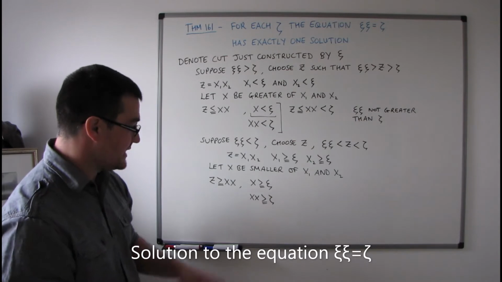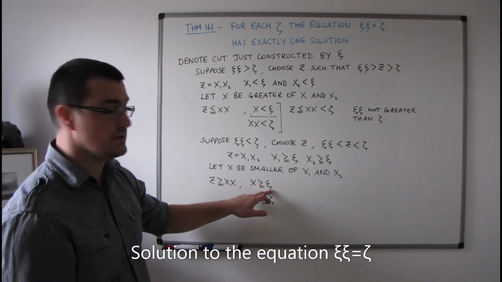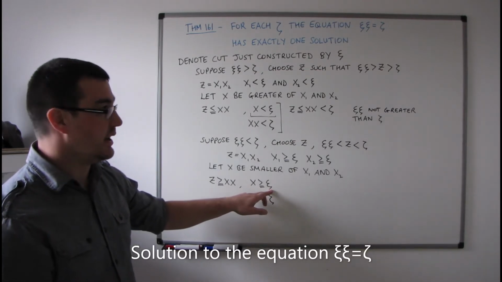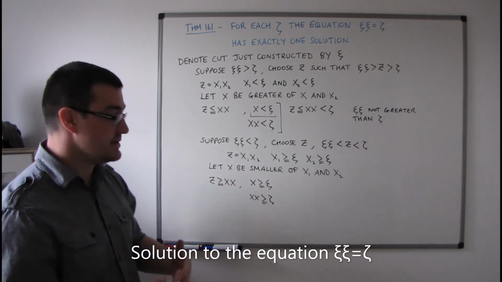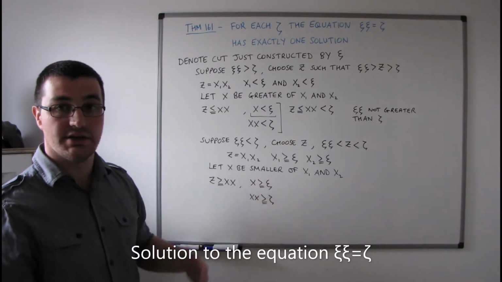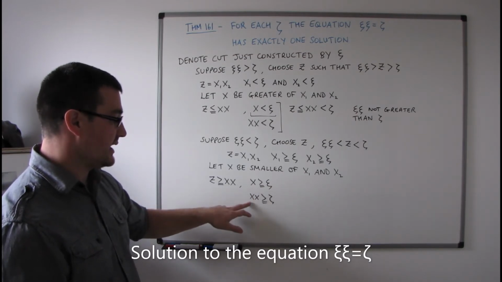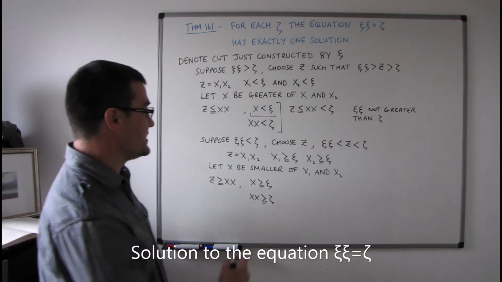So this would suggest that x times x is greater than or equal to zeta, since x is not going to be in the set xi, and the set contains all the x's such that x times x is going to be less than zeta. So in this case, x times x must be greater than or equal to zeta.